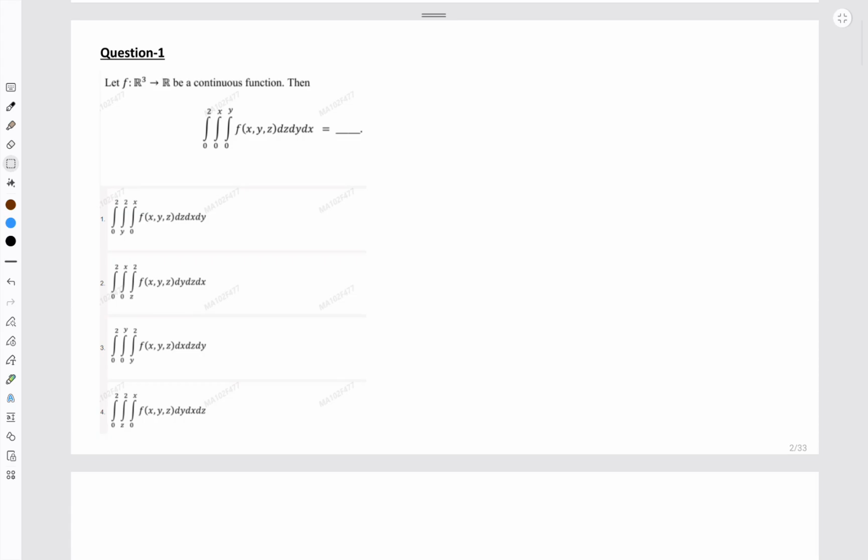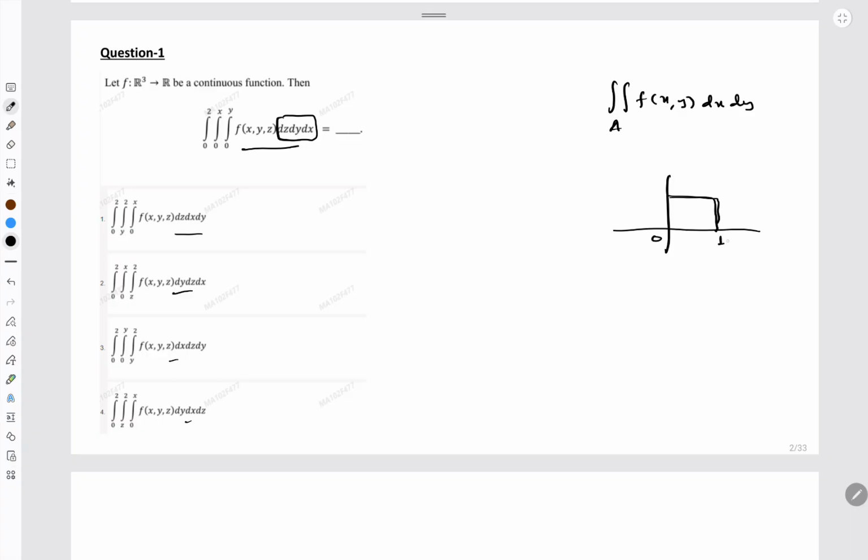The first question is basically, given a triple integral, we need to find which of the following integrals is equivalent to the integral that is given to us. For this integral to be the same as any of the options, the region that was defined should be the same, right? For example, if you do a double integral, let's say dx dy over a region A, and let's say the region is a square, 0 to 1 and 0 to 1.